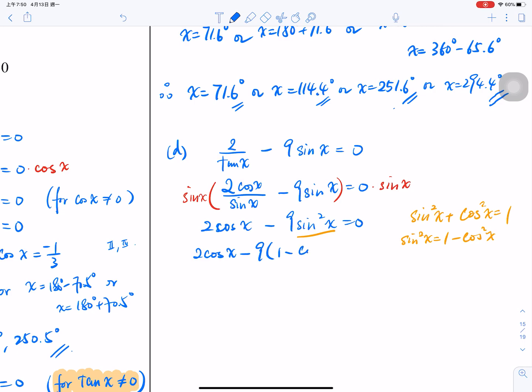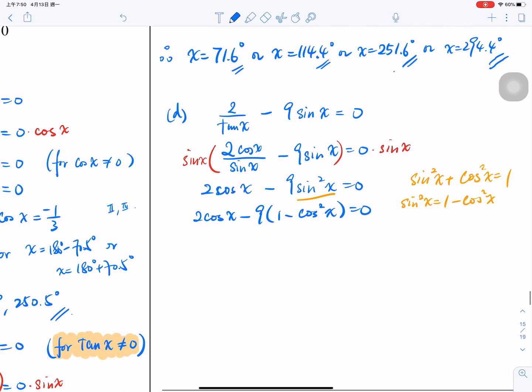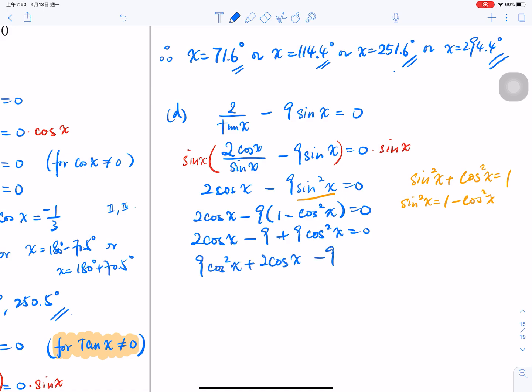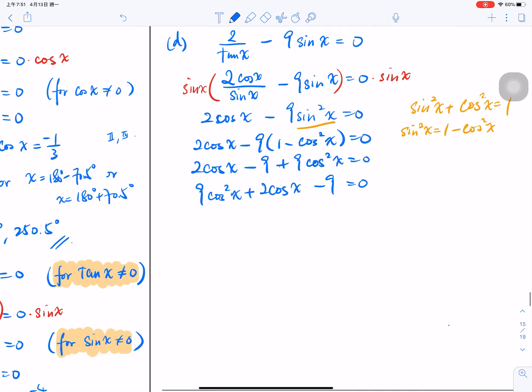So you see, one trigo function only now. So 2 cosine x minus 9 plus 9 cosine square x equals 0. See, 9 cosine square x plus 2 cosine x minus 9 equals 0.